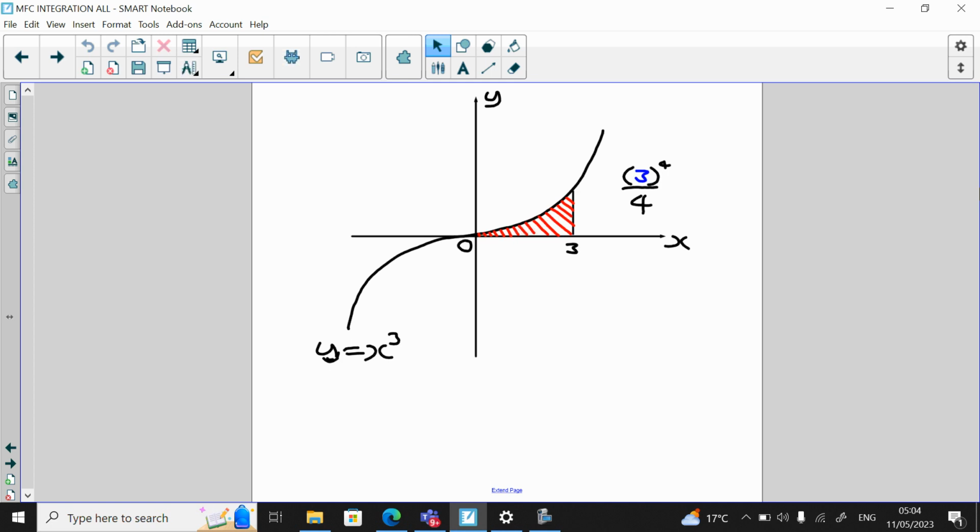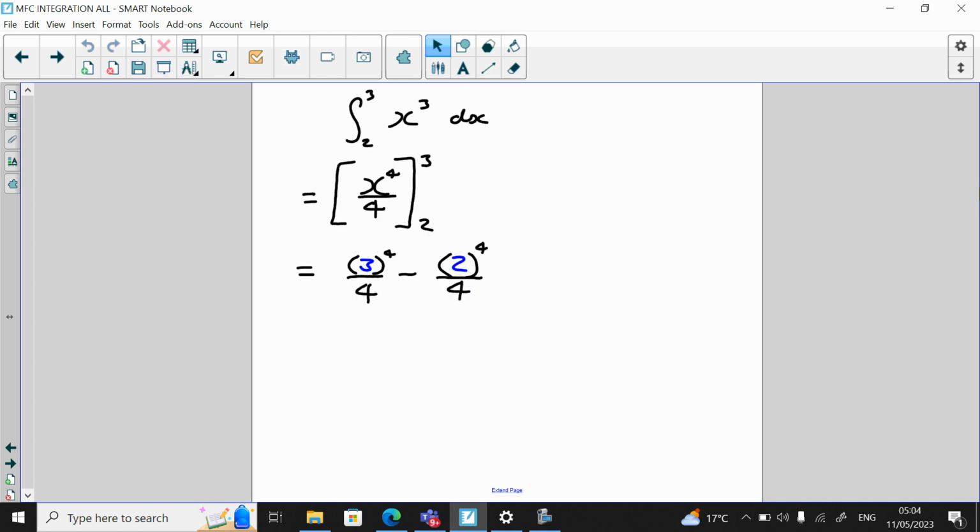So I have two areas here, but the area I require is from 2 to 3. That's why I'm subtracting. I'm taking the larger area, subtracting the smaller area, and that gives me the desired area. We don't need graphs, but it's just a little analogy there.